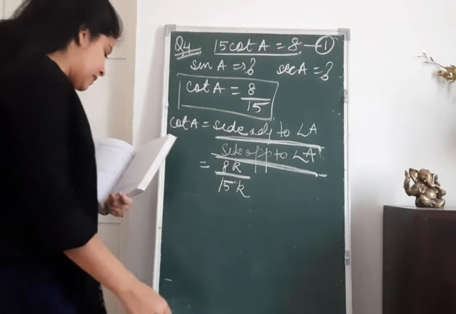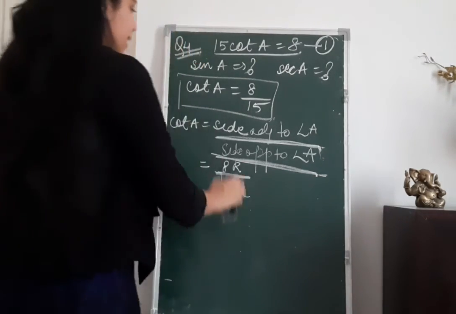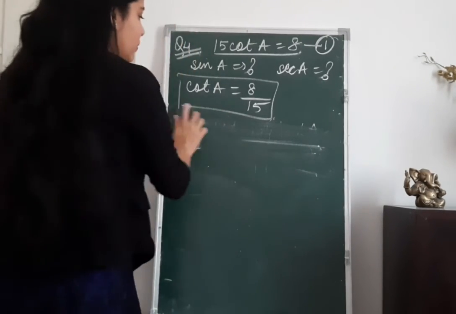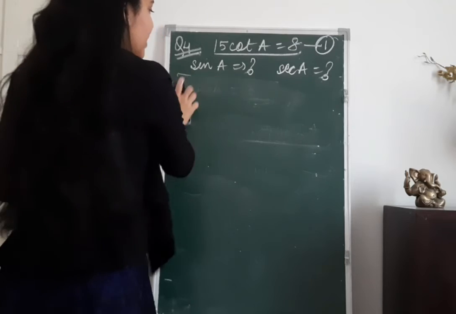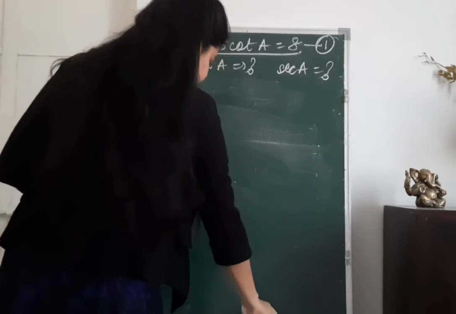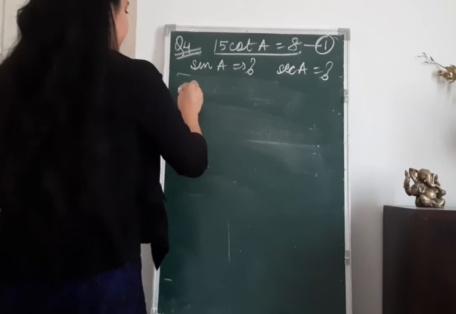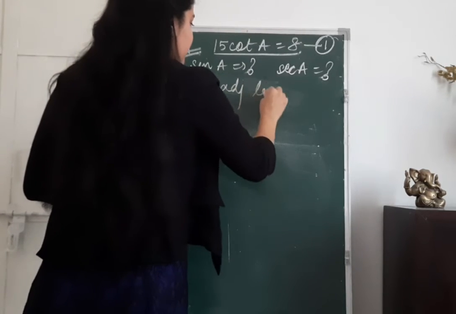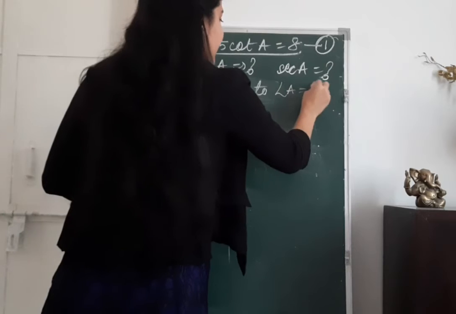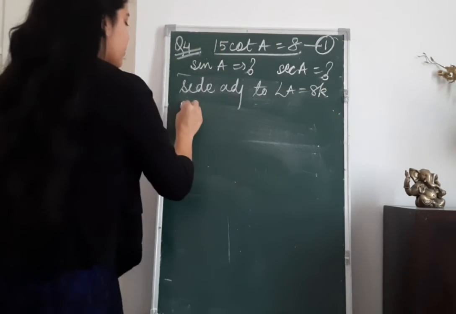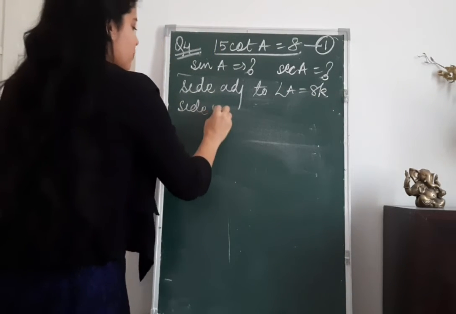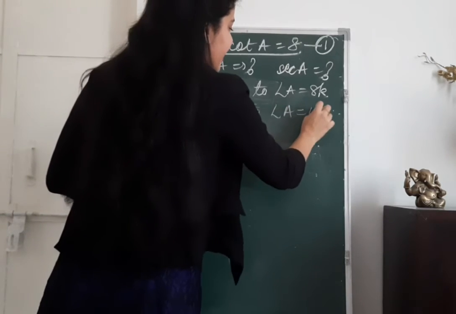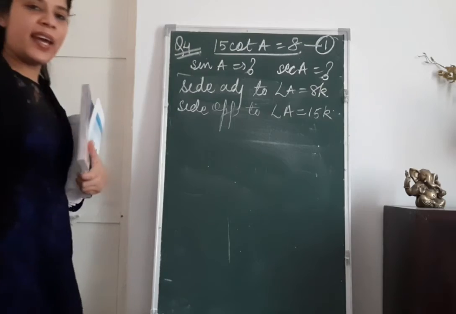Can I say this? Yes, I can say this. Side adjacent to angle A is 8k, side opposite to angle A is 15k.